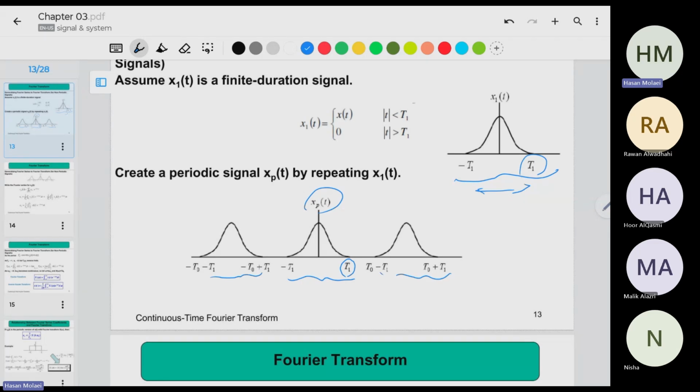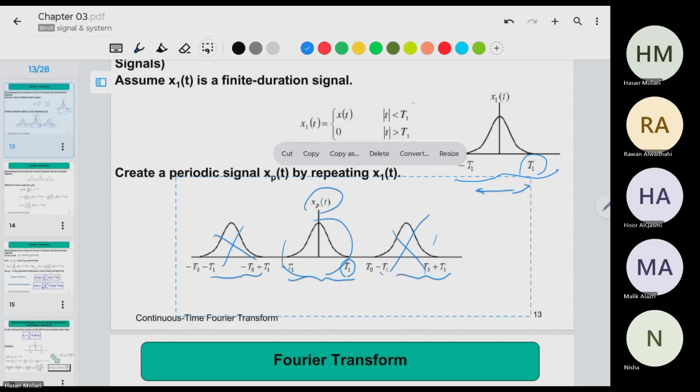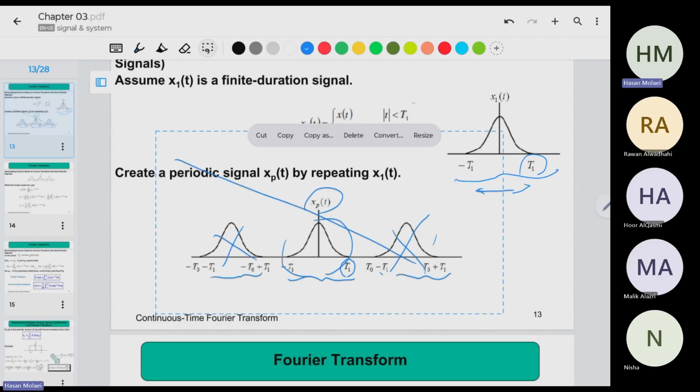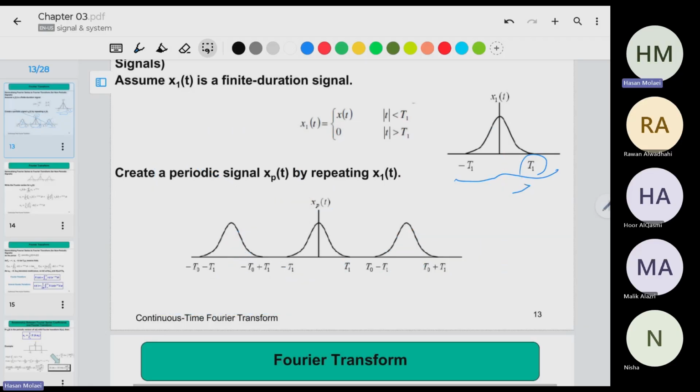What should I do? If I don't want to see this one and this one, the original signal is this one, yeah? I imaginarily try to make it periodic. At the end, if I want to reach the original signal, I need to move this shape to infinity and this one to minus infinity.